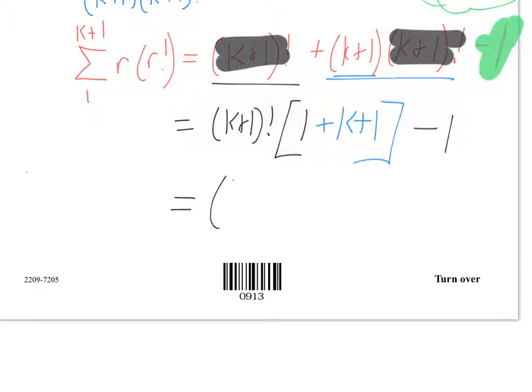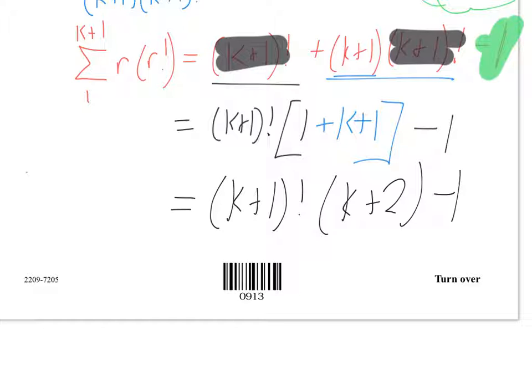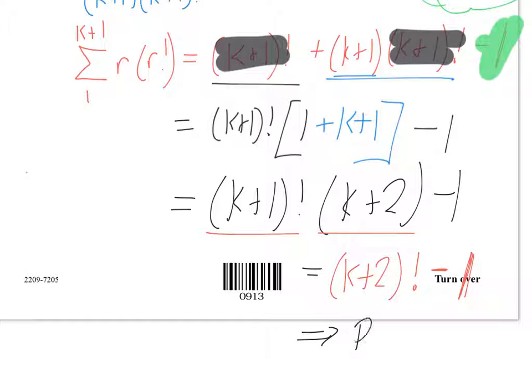That gives me k plus 1 factorial times k plus 2 minus 1, and then since k plus 1 factorial is all the numbers from k plus 1 down multiplied together, then times by k plus 2, that's the same thing as k plus 2 factorial minus 1, which tells us that P of k plus 1 holds.